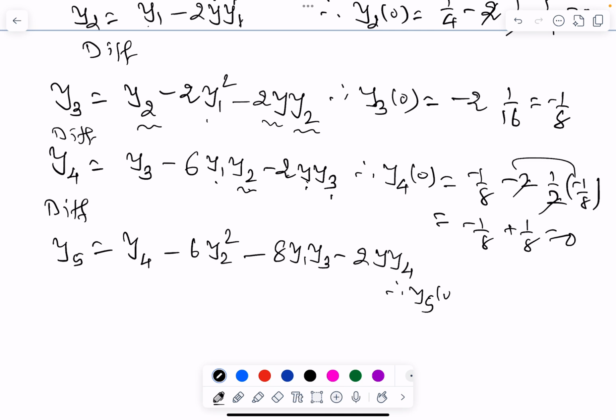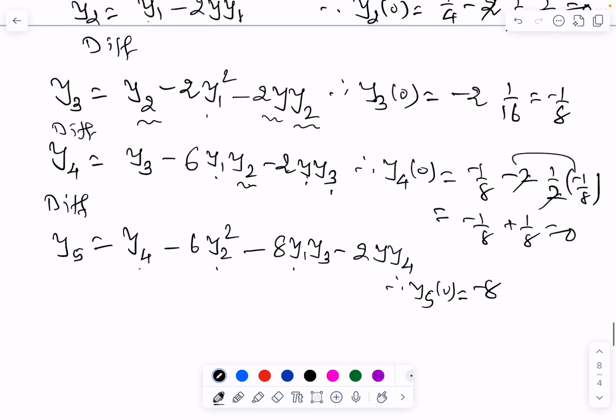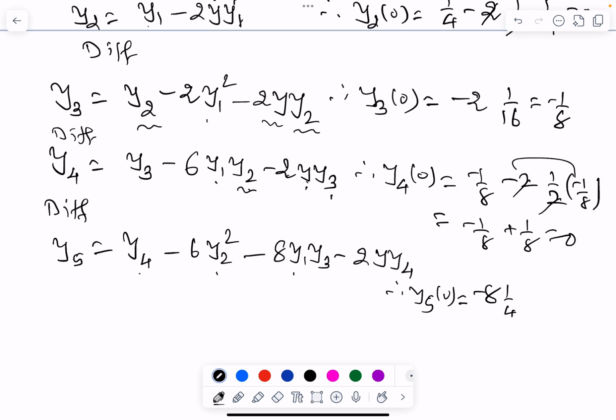Therefore y5 at 0, y4 at 0 is 0, y2 at 0 is also 0, minus 8, y1 at 0 is 1 by 4, y3 at 0 is minus 1 by 8, and y4 at 0 is 0. So only this. So this 8 cancels, negative, negative, positive. So that is 1 by 4, and so on.